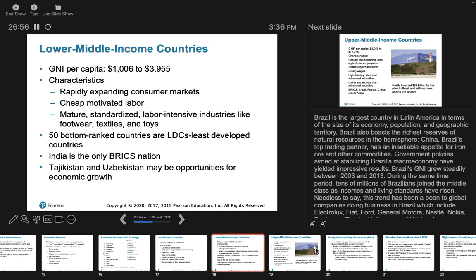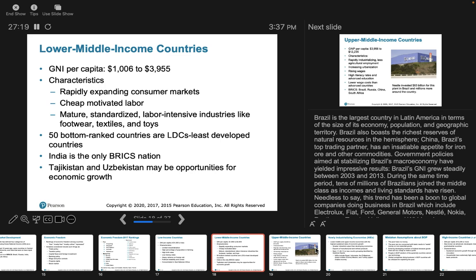India is the only BRICS nation that is fast developing compared to the other BRICS nations.